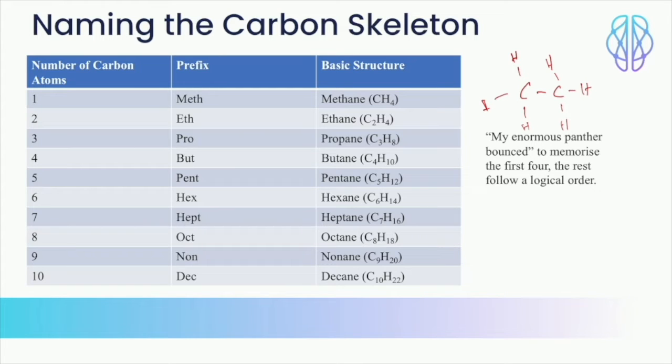So, for example, if a carbon chain has 5 atoms, we would denote it with the prefix pent, and since it's an alkane, we put the suffix ane at the end. So a carbon chain with all single bonds and 5 carbons in its chain would be pentane.